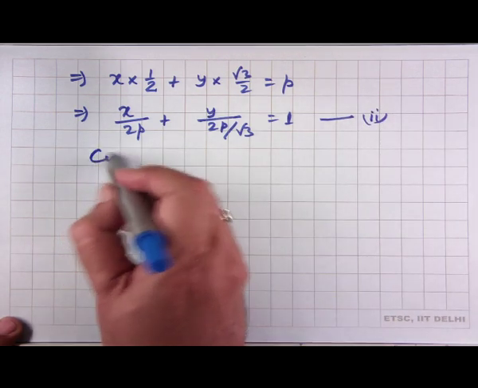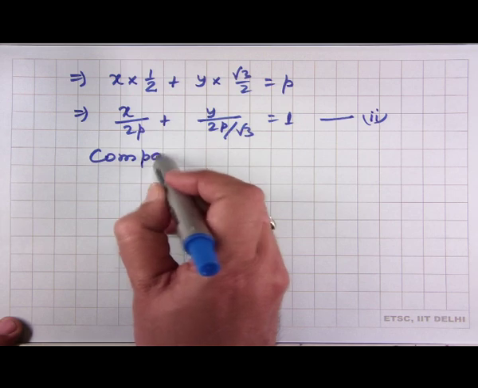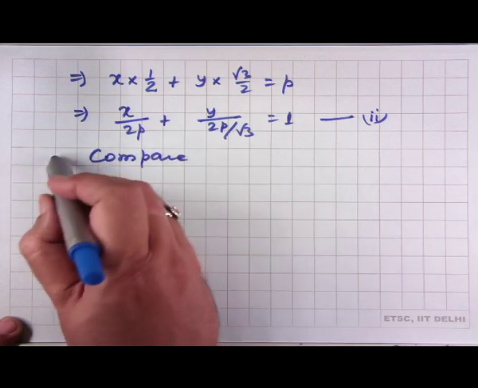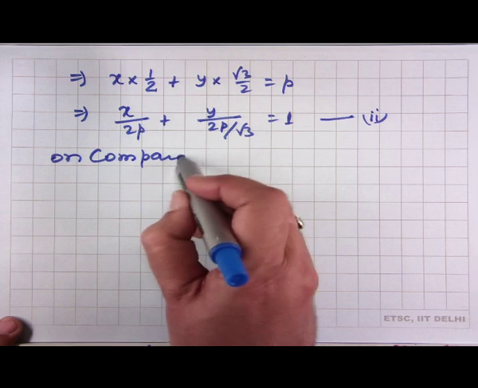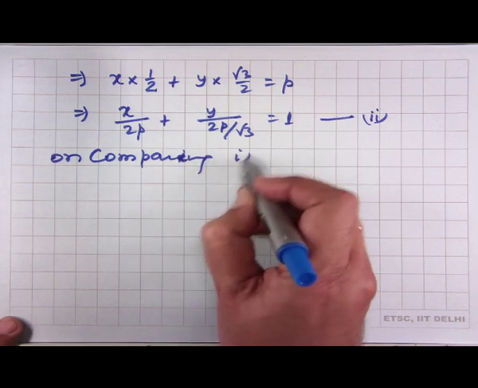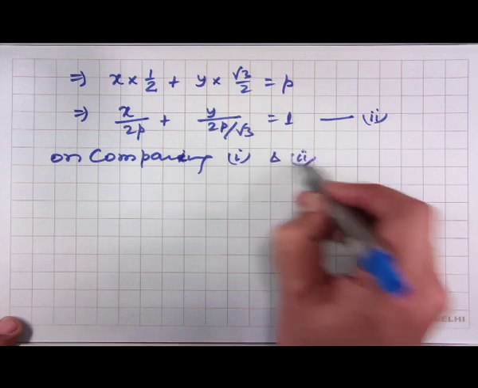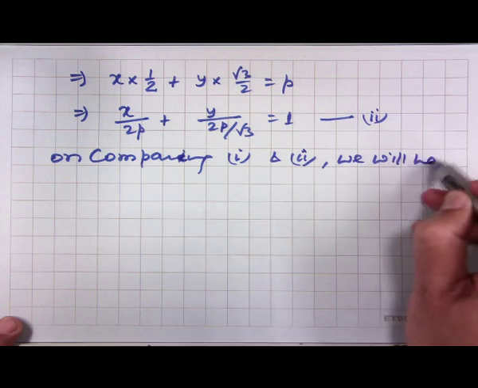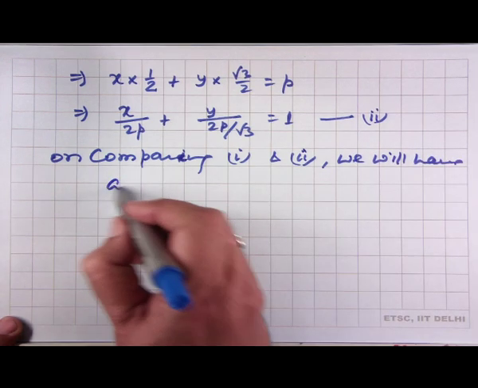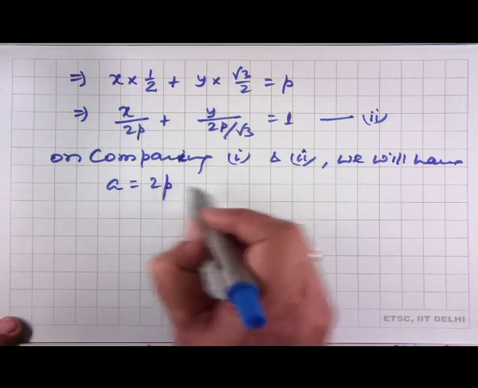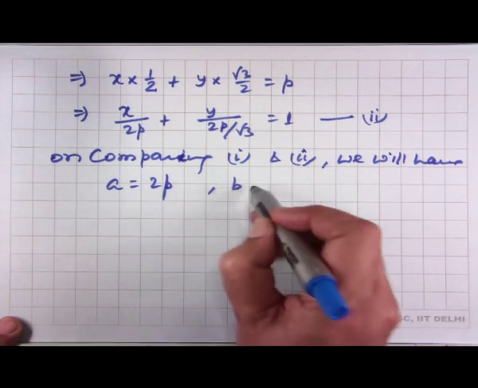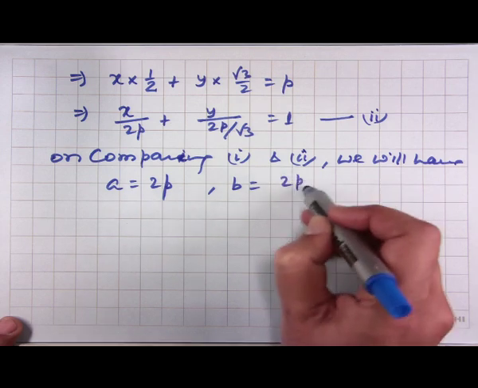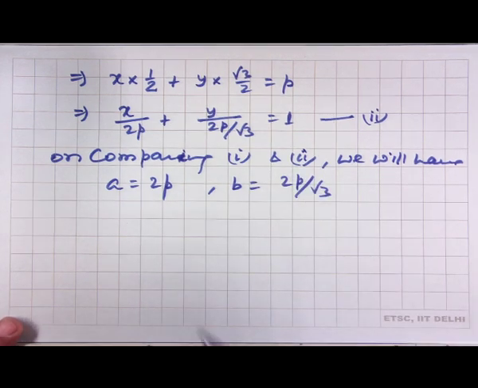So on comparing 1 and 2, we will have a equal to 2p and b equal to 2p by root 3.